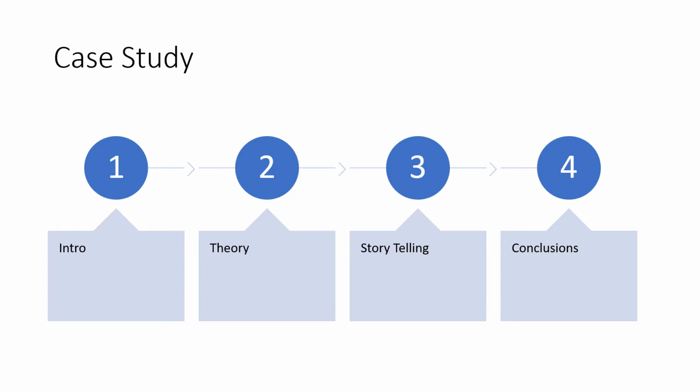Then you're going to put a theory, and this is going to be about a page, maybe 2 pages, where you're going to expound on a particular theory. Number 3, you're going to do storytelling, where you go into great detail about what particularly was done by the country, the company, the organization that you're working with. This can go on for a couple pages, or this can go on for 20 pages.